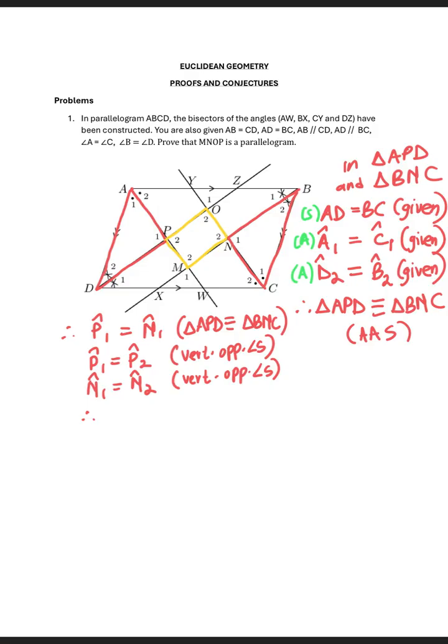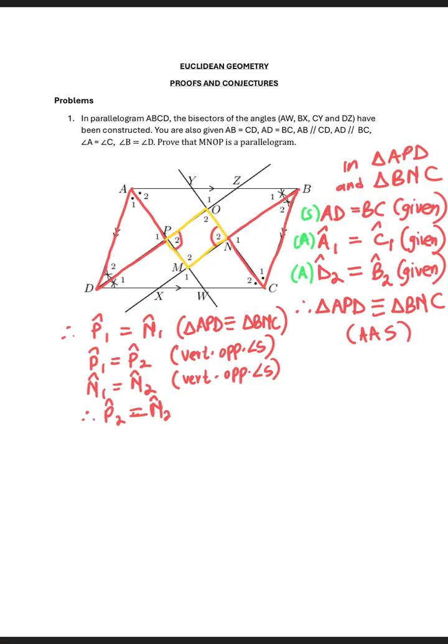So since P1 equals N1 and P1 equals P2 and N1 equals N2, therefore P2 equals N2. So we have proved that the first pair of opposite angles are equal. This and this are equal. Now we need to prove that angle M2 and angle O2 are also equal.